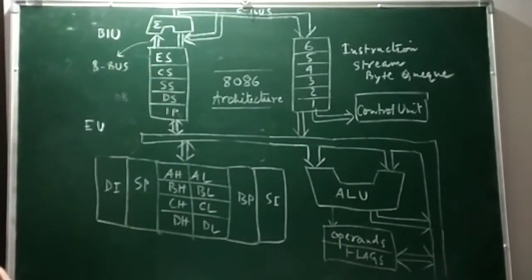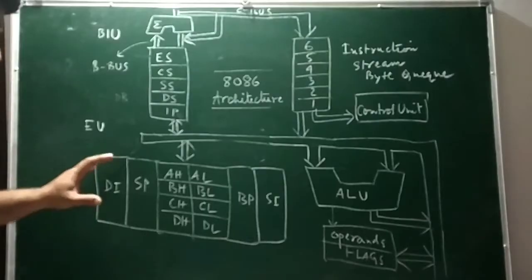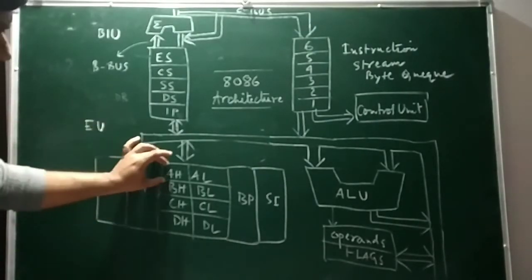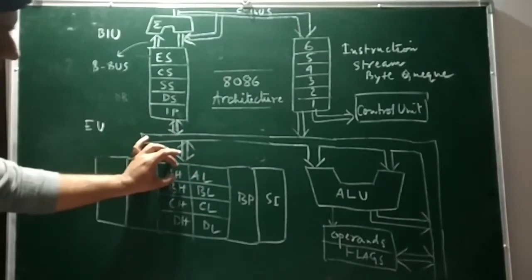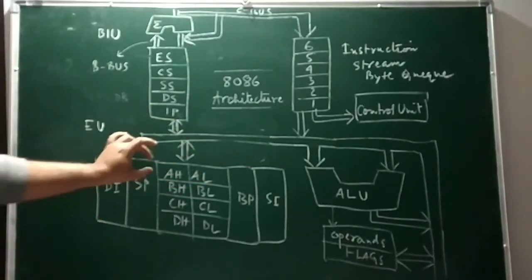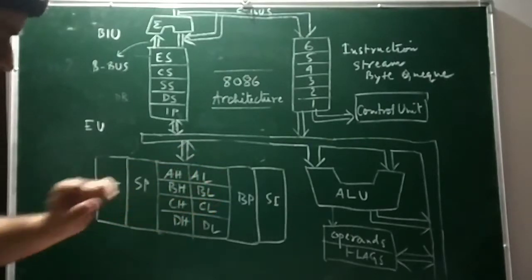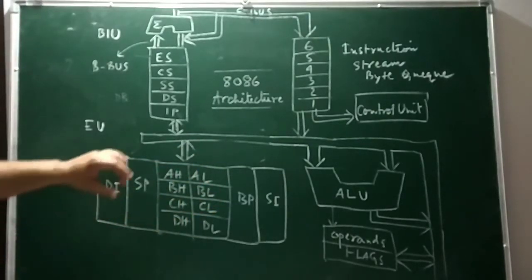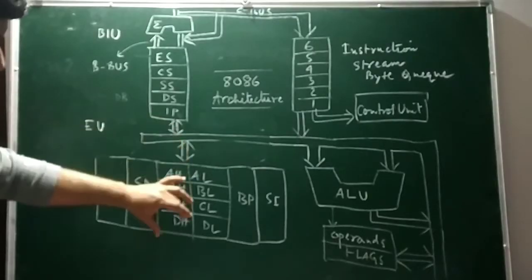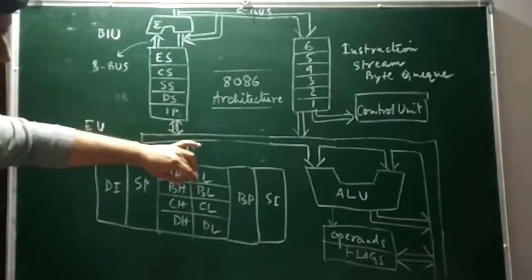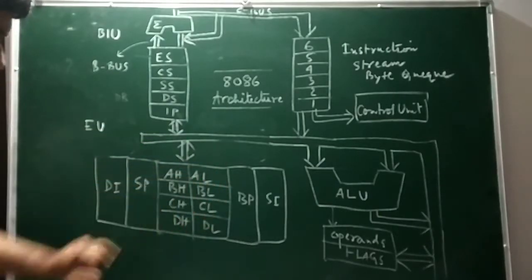So flag registers. Fine. So in general purpose registers, we have AH, AL. H means high, L means low. So AH, AL, BH, BL, CH, CL, DH and DL. Fine. So if we take the 16-bit, we can make the pair as AX, BX, CX, DX like this.